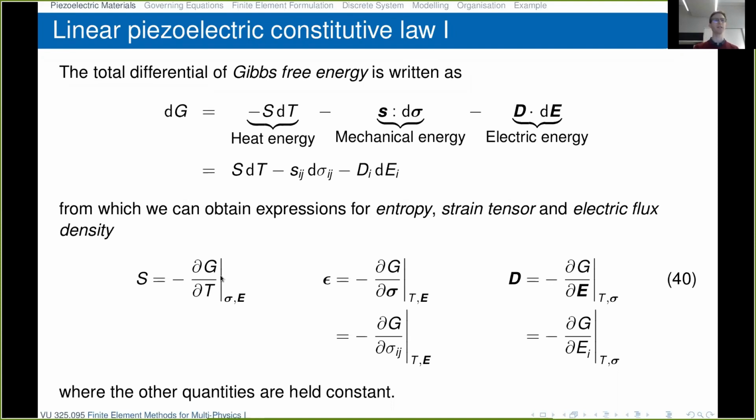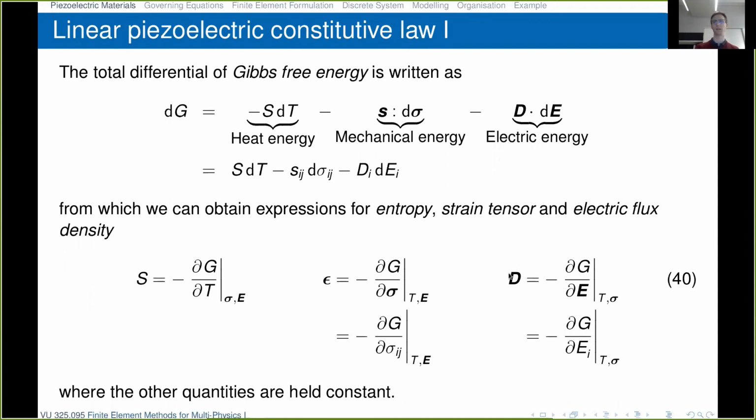The entropy is defined as the differential of the Gibbs energy with respect to temperature at constant electric field and constant stress. Similarly, as a mechanical engineer, you might be more familiar with the definition of the mechanical part. This is the wrong symbol here; this should be the strain, which is the derivative of the total Gibbs energy with respect to sigma.